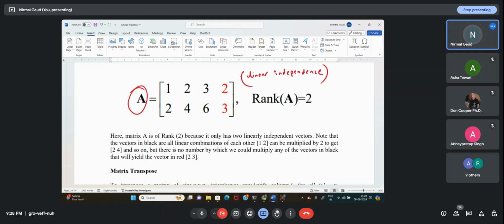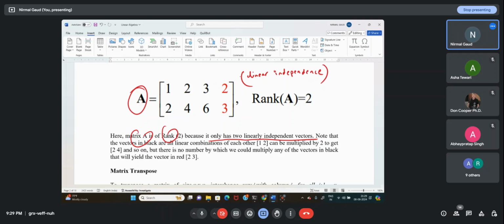Here in this particular case, I am having a matrix 1, 2, 3, 2, 2, 4, 6, 3. And if I need to find the rank of this particular matrix, it's mentioned as 2. Why is it 2? Because here the rank of matrix A is 2 because it has only two linearly independent vectors.